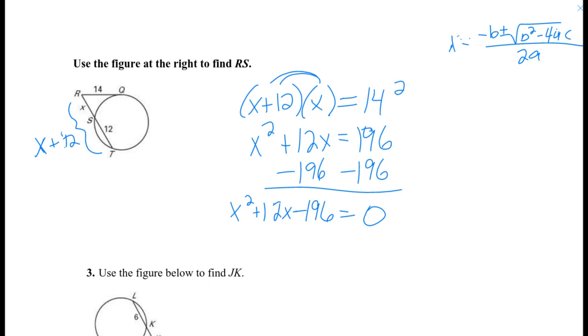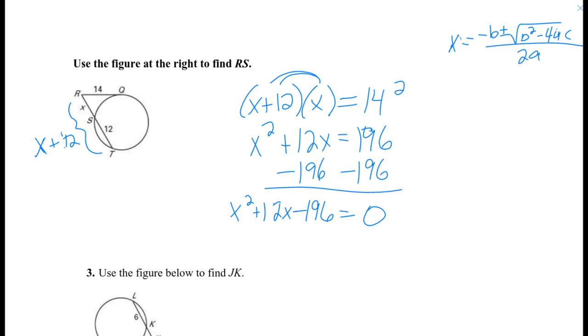So with that quadratic formula, we have a, b, and c. So a is the coefficient of x squared, b is the coefficient of x, c is the constant. So in this case, a would be 1, b would be 12, and c would be negative 196. We could plug all those values in and then do the computations to figure out what the two x values are. That is a very lengthy process, so we're not going to do that in this one.